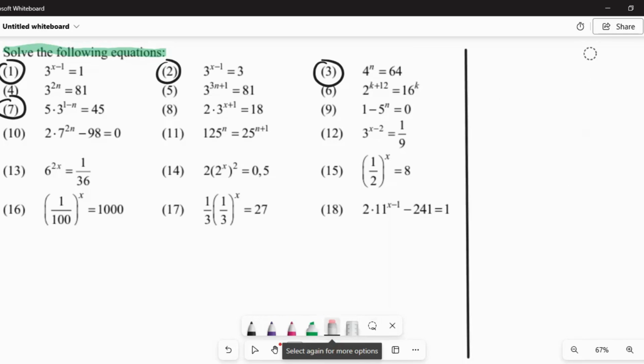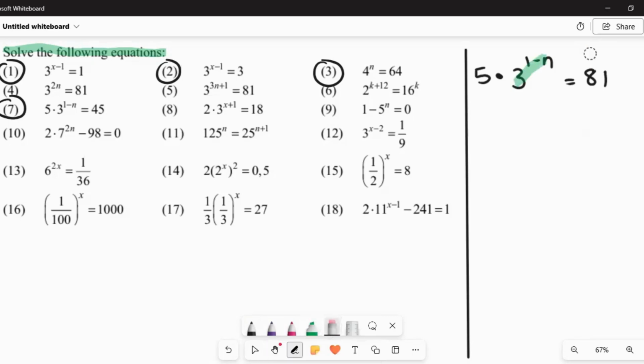And then on to our last one. We are given 5 multiplied by 3 with an exponent of 1 minus n is equal to 45. Again, firstly, we want to leave the exponential term, the term that has an exponent, alone. So how do we do that?